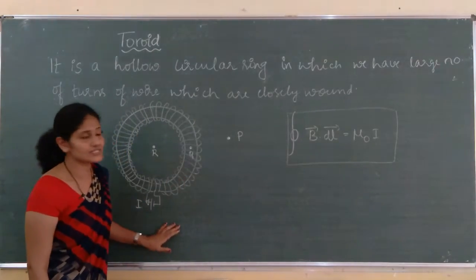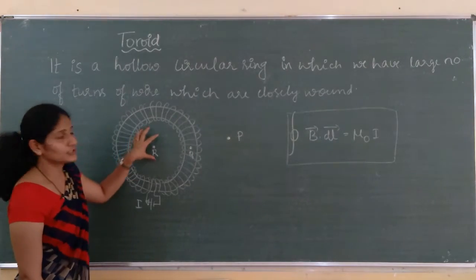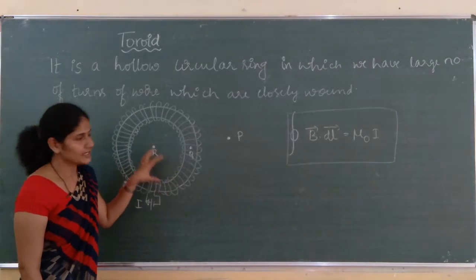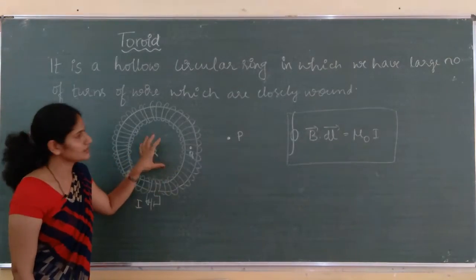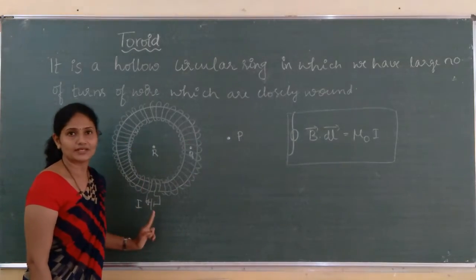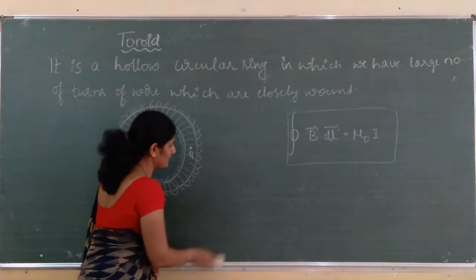Here I will consider the circular Amperian loop because the toroid is a circular ring. If this is a circular ring, then it is better if you consider circular Amperian loop.